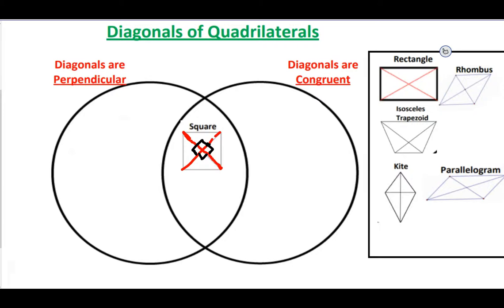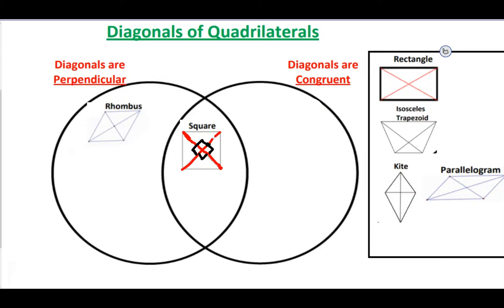No, because you have one green and one what? One purple. You see how they're different. So the rhombus has two different diagonals, so they're not congruent, but are they perpendicular? Do they form 90-degree angles? Okay, so we're going to say that the rhombus is going to be perpendicular.